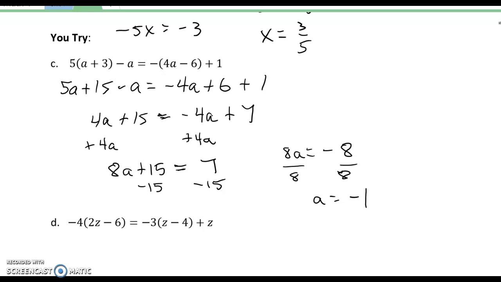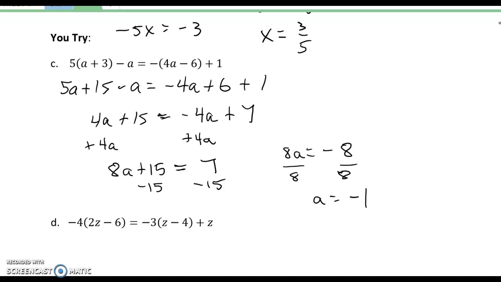On the right, got to distribute that negative 1 through the parentheses. So it's negative 4a plus 6 and then the plus 1. Still not done simplifying on the left. Combine like terms to get 4a plus 15. On the right side, again, not completely simplified. You could combine the 6 and the 1 to get negative 4a plus 7.